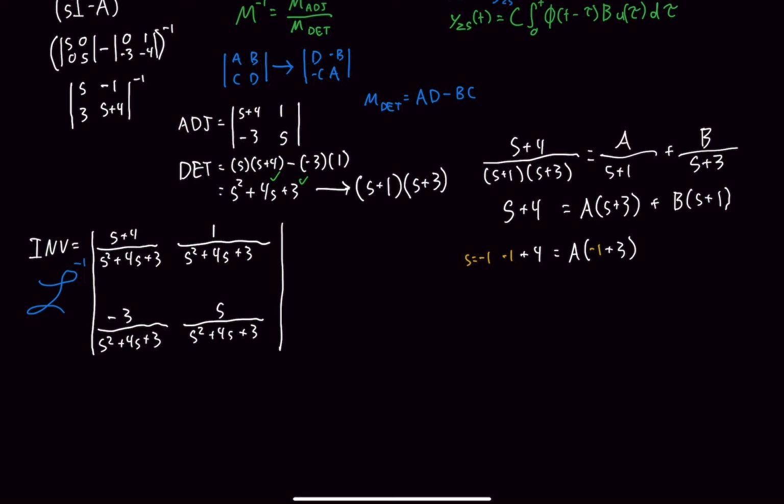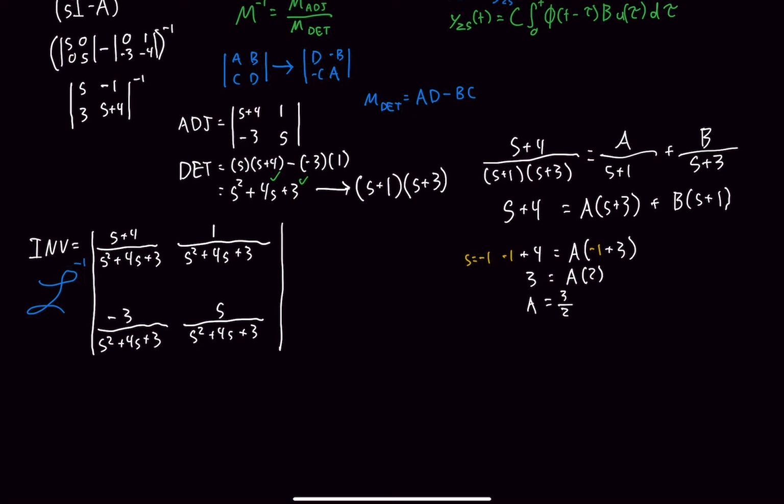So we have 3 equals A times 2, A equals 3 over 2.